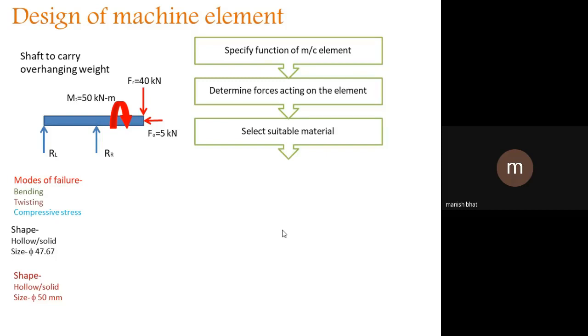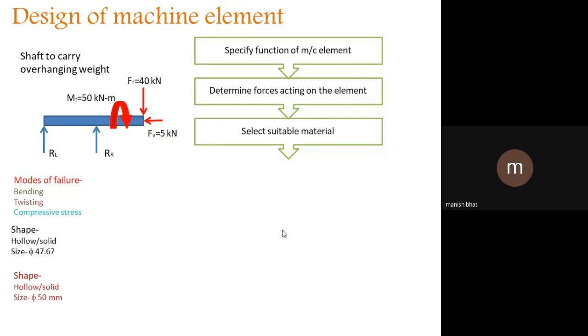So in that case, I will be going for mild steel, but again mild steel has elongation. So where I want less elongation, I will choose plain carbon steel. Is it? So selection of suitable material is necessary.